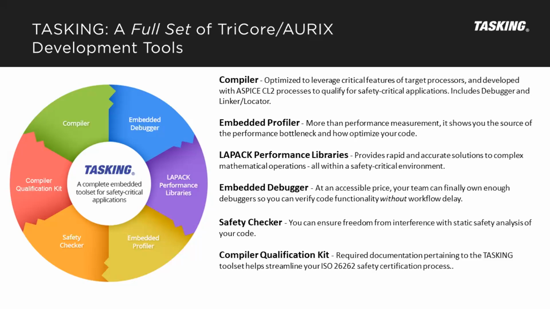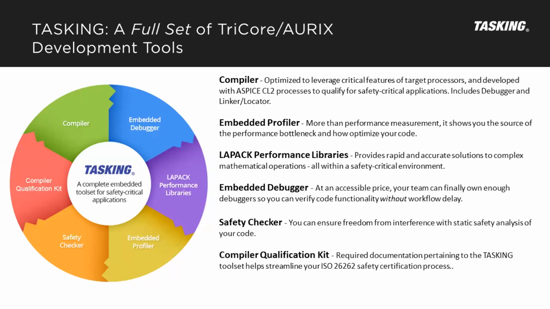Freedom from interference means that if you have different software components, you want to make sure that the higher critical software component is protected from less ASIL based software components. How could you make sure this freedom from interference between these software components is achieved? There are definitely different solutions, but to achieve it in an automated way for our customers, this is basically the motive for us to develop the safety checker.